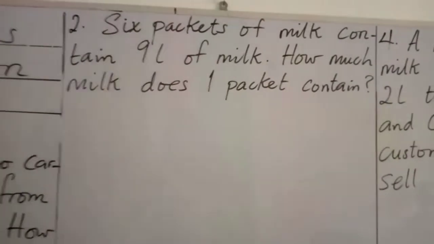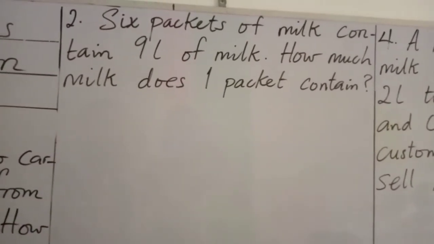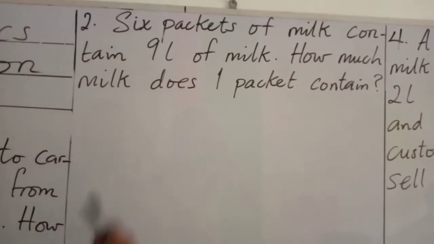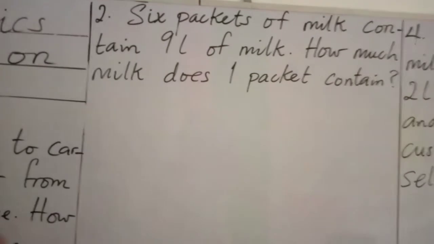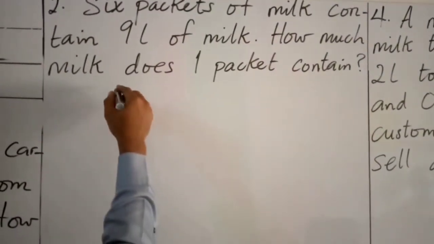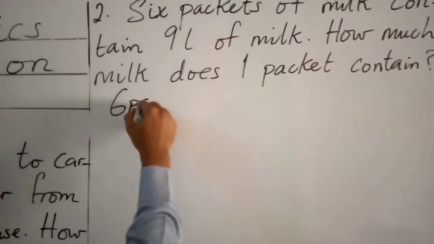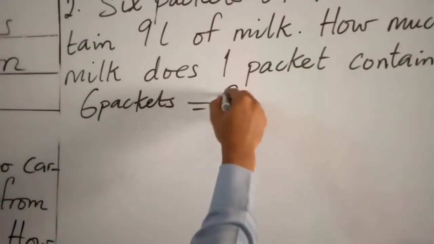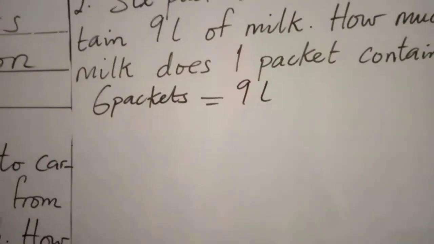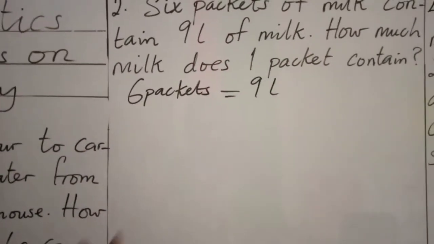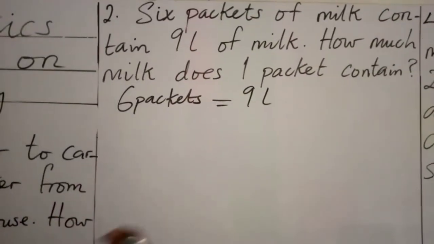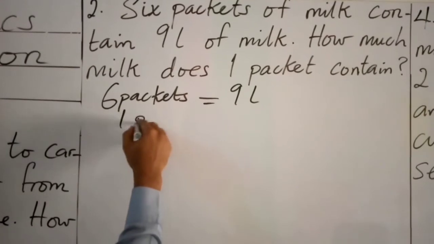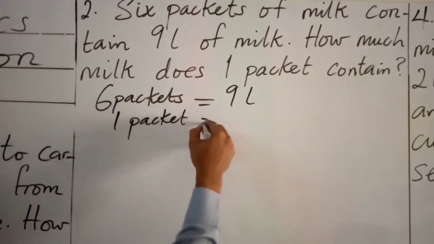But we can also use this law. 6 packets of milk contain 9 liters of milk. How much milk does one packet contain? 6 packets is equal to 9 liters of milk. One packet, we don't know.